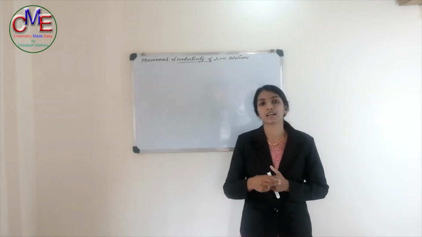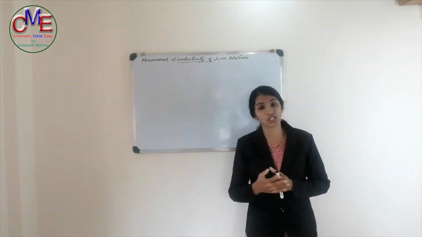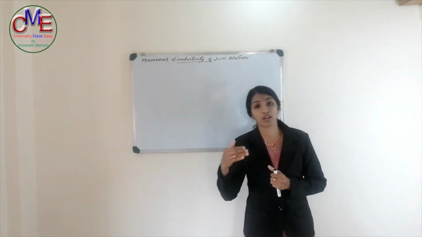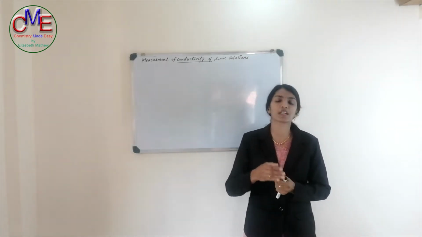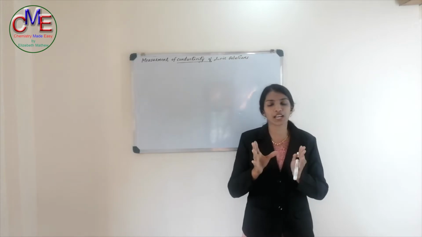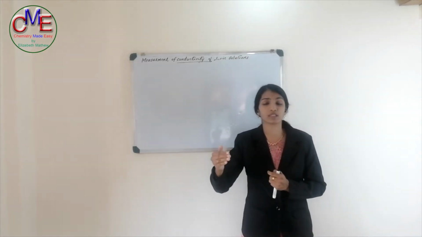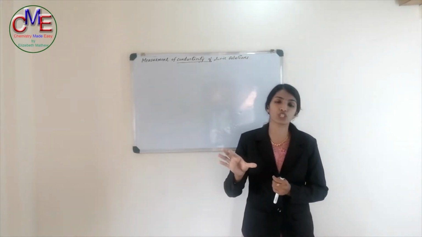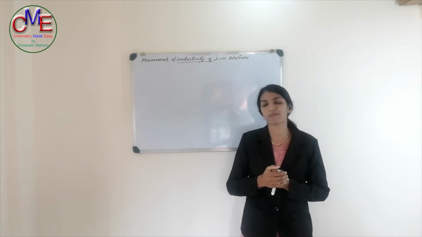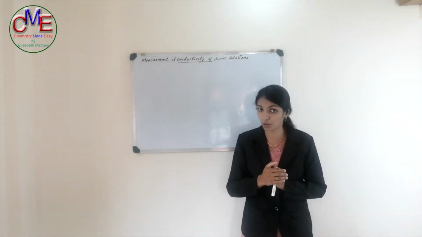The terms resistance, conductance, conductivity, resistivity, all these terms we have been discussing in the previous classes. What is resistance? Resistance is the obstruction to the flow of electric current, and it is found that the resistance R is directly proportional to the length of the object, and inversely proportional to the area of cross section of the object.